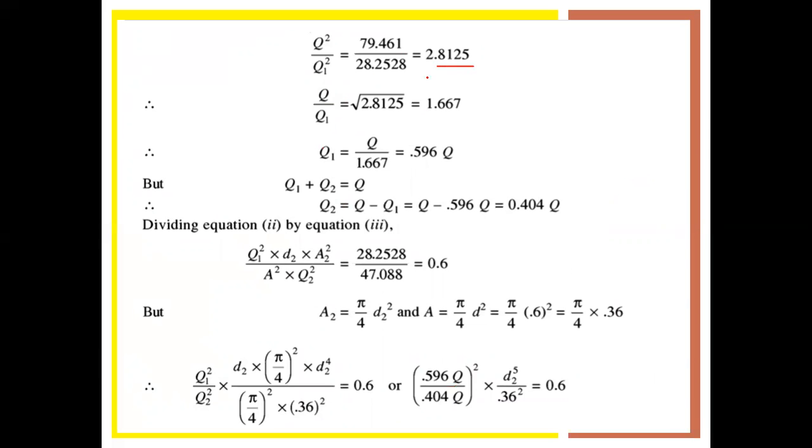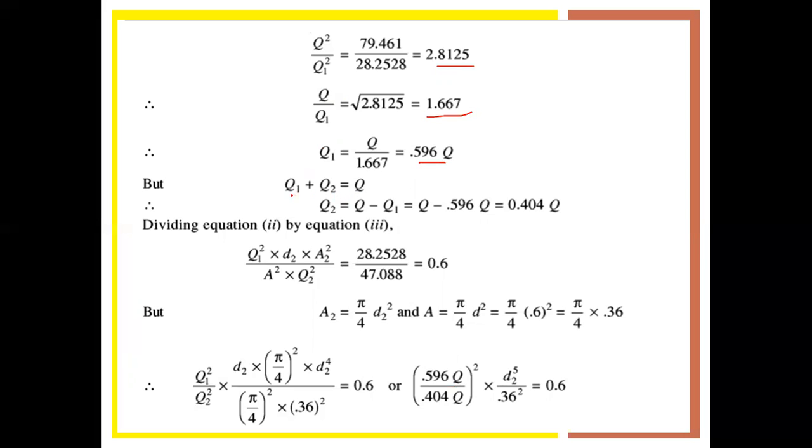Therefore Q by Q1 is equal to root of 2 point, so since we have Q square, take the square root and cancel. Q by Q1 is equal to 1.167. Therefore Q1 is equal to Q by 1.167, that is 0.596 into Q.